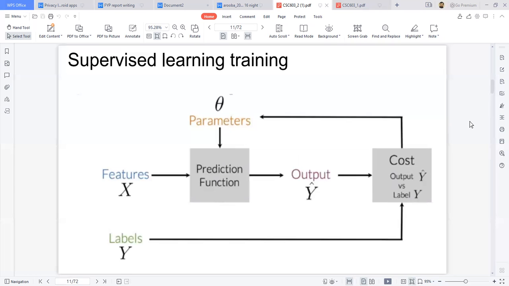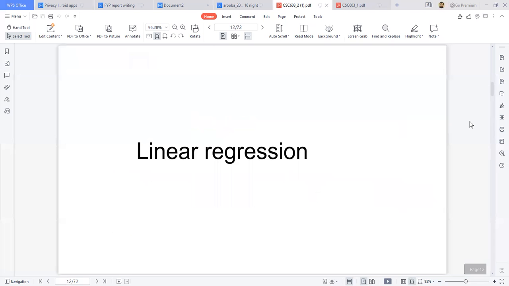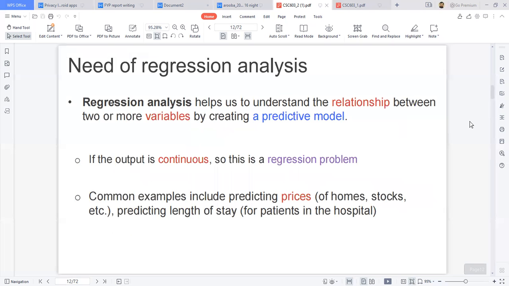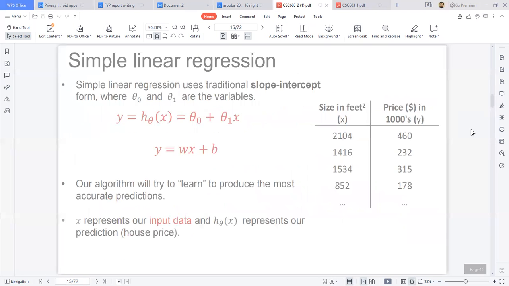Okay, great. Linear regression. How about tomorrow? Yes, it's okay. From here, we can learn linear regression.